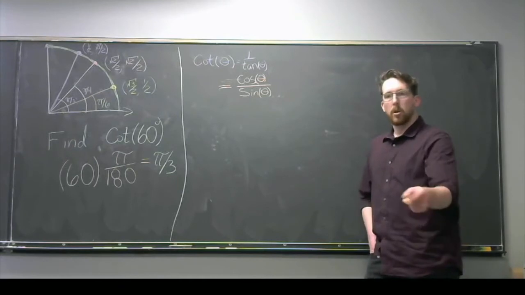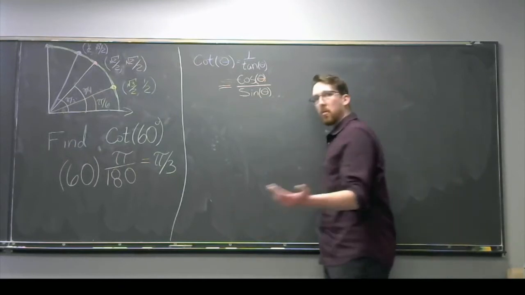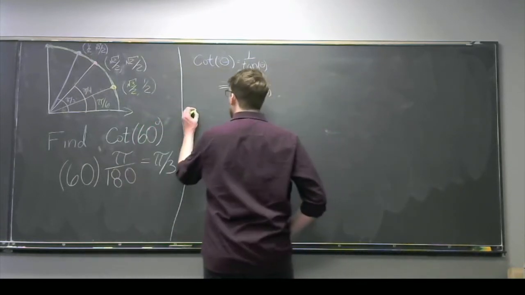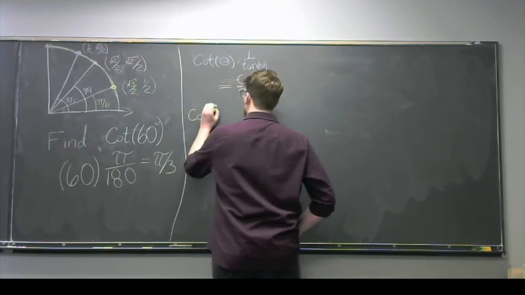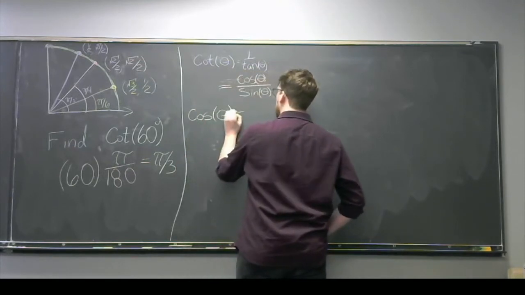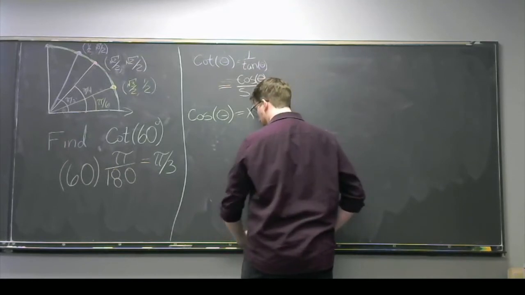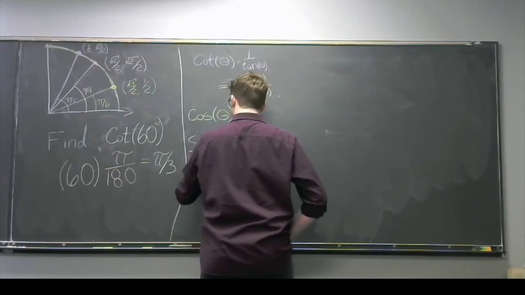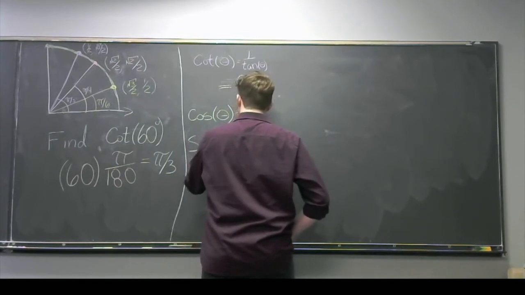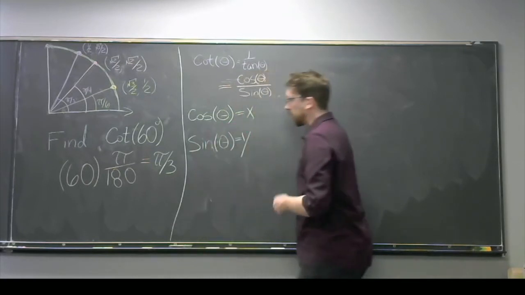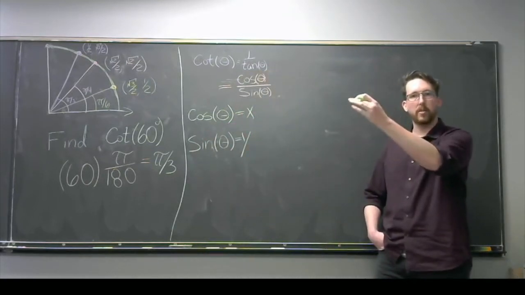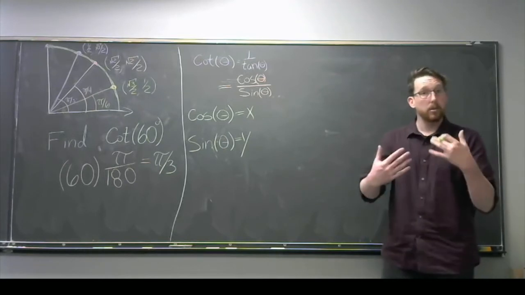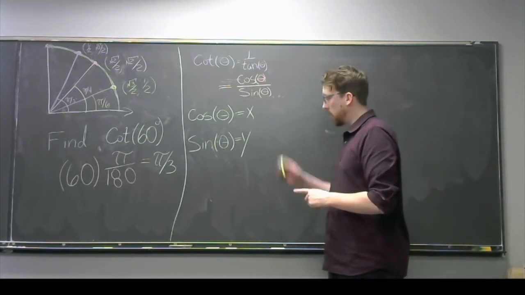Okay, so let's find cosine and sine, right? That's the next obvious step. Cosine of our angle is equal to x, and sine of our angle is equal to y. It's the x-coordinate and the y-coordinate along the edge of our circle. So now we can start really solving this problem.